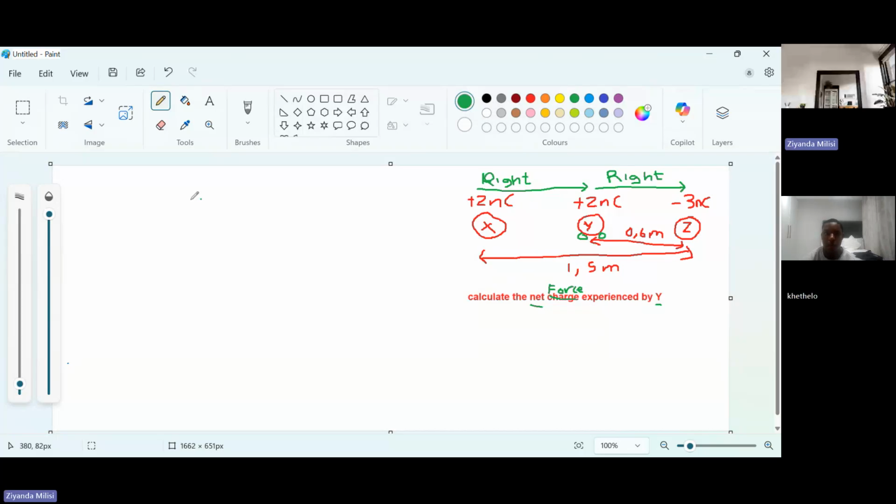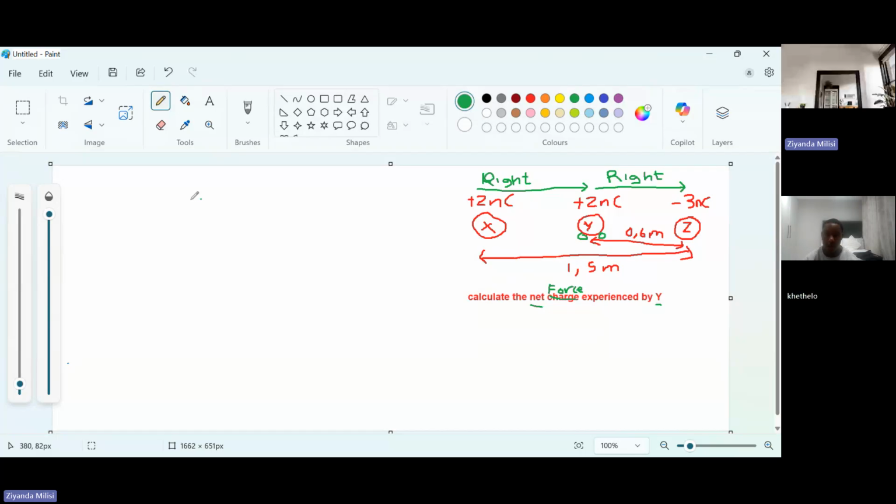Hence, we need a net force, which means you need to add these two forces. So how are you going to calculate the force by X on Y? You will say K Q_X times Q_Y divided by r squared, the distance between X and Y.